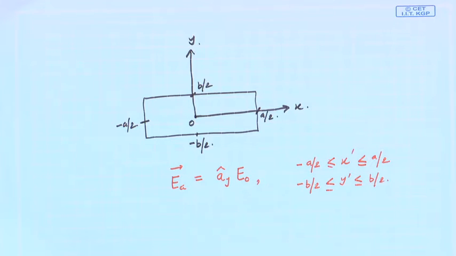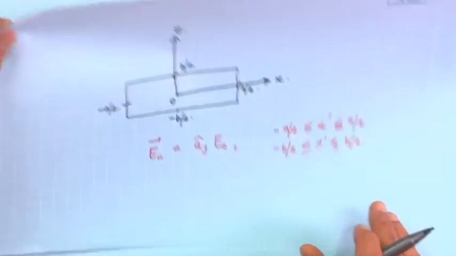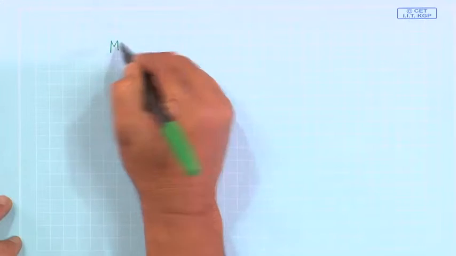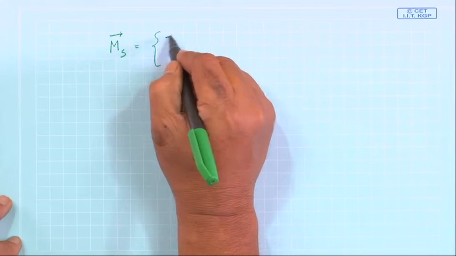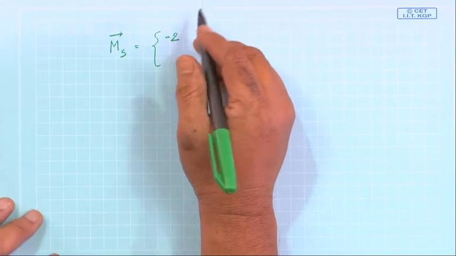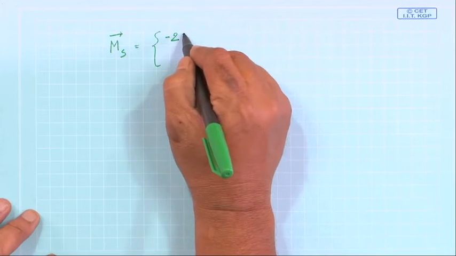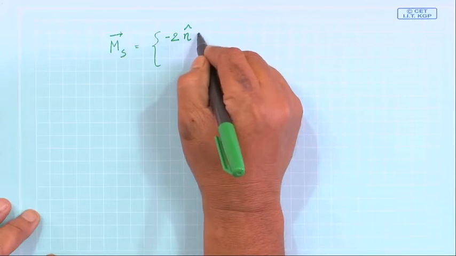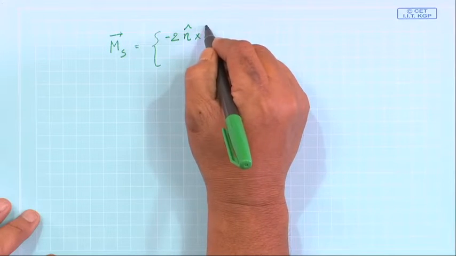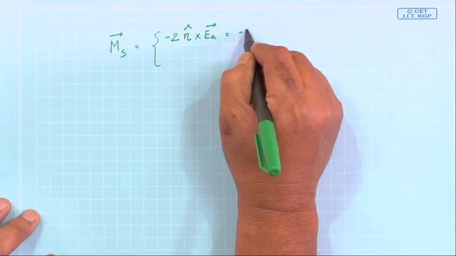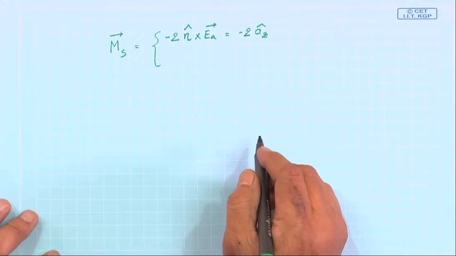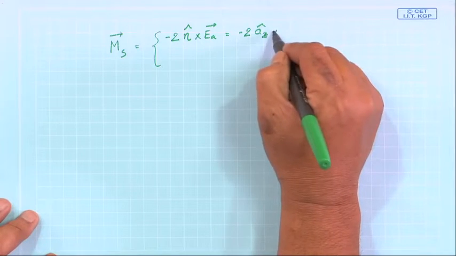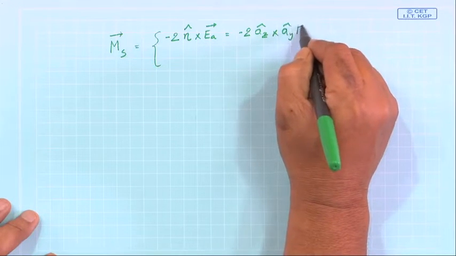We will have to find the surface magnetic current, Ms. As we know, Ms will be minus 2 n cross E. So, n in this case is z directed, so a z cross a y E 0.